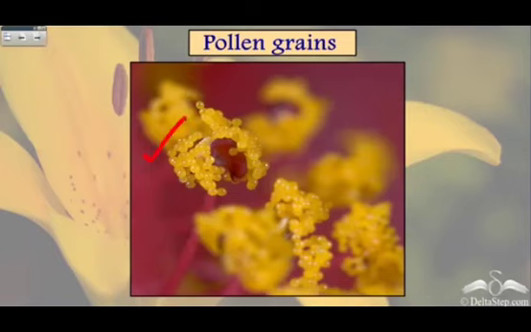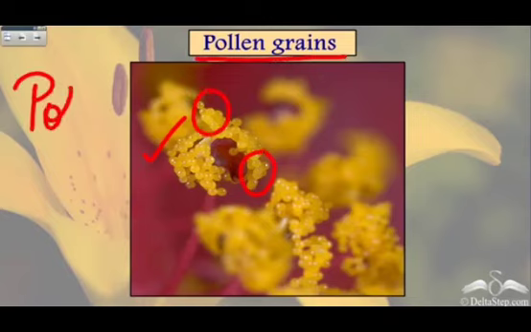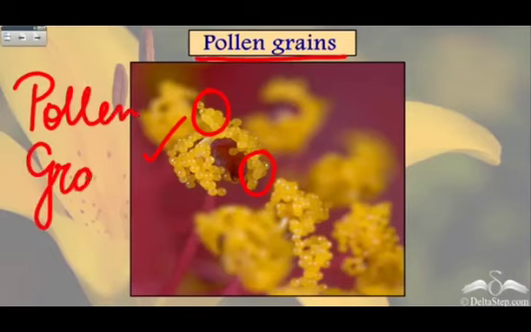What are they known as? Well, they are known as the pollen grains. Can you see these small yellow color structures? These are known as pollen grains. So, these pollen grains in the anther help in pollination and thereby reproduction.